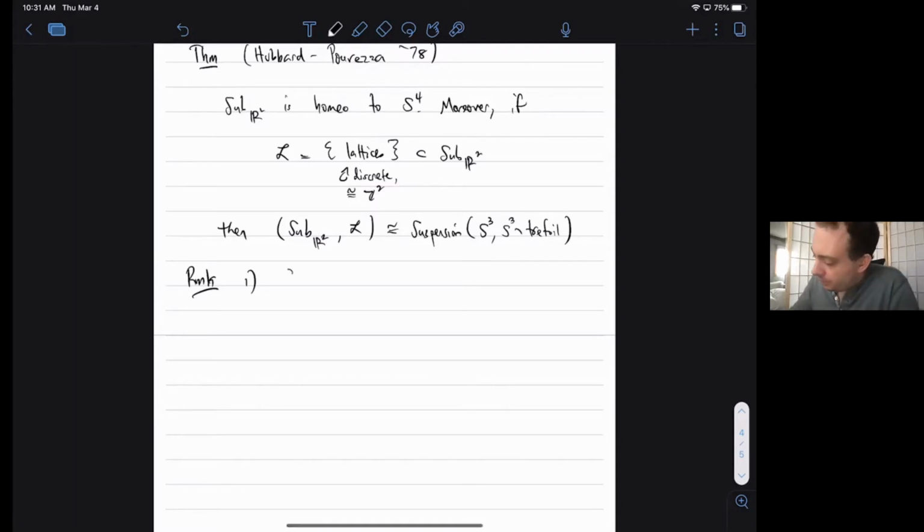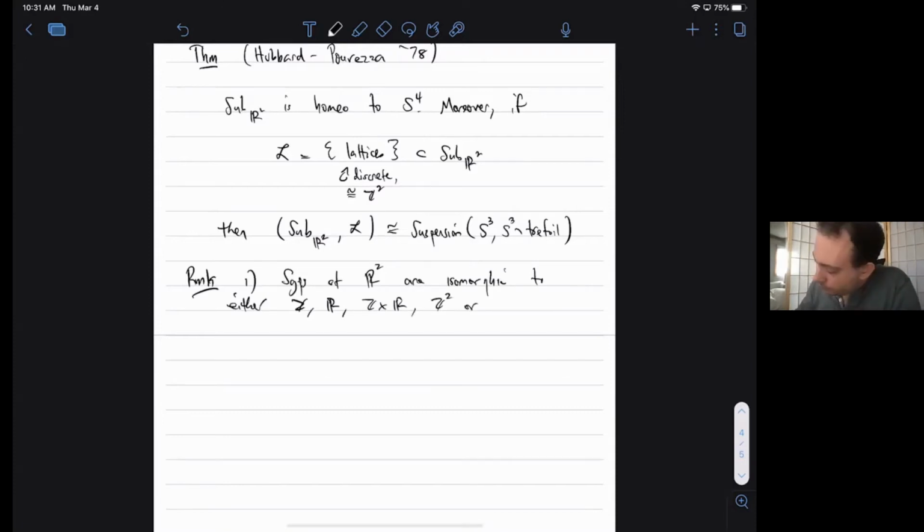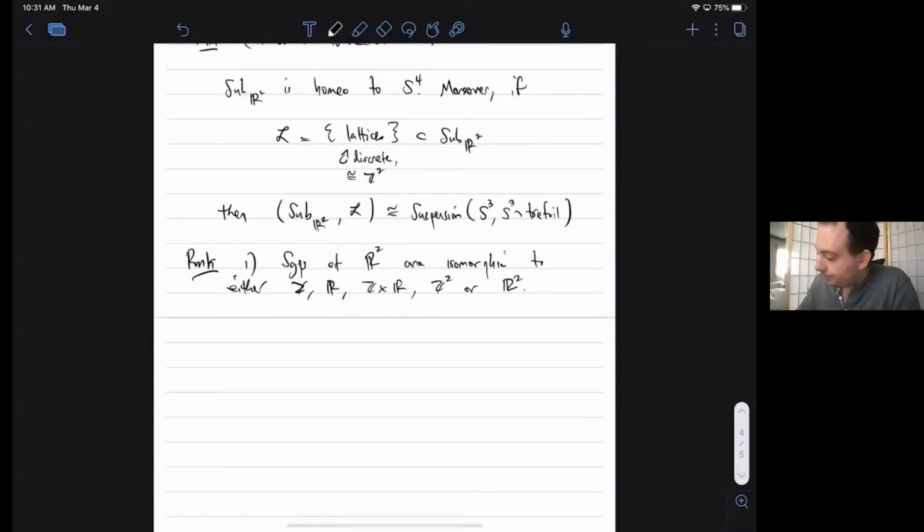So what are the subgroups of R2? They're isomorphic to either Z, R, Z cross R, Z squared, or R2. This is for closed subgroups.